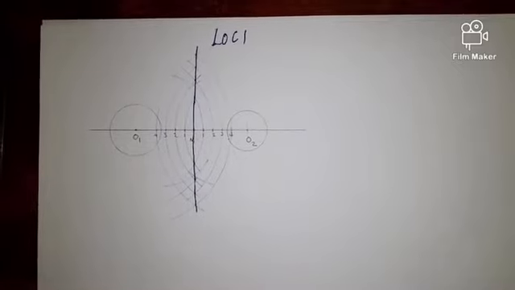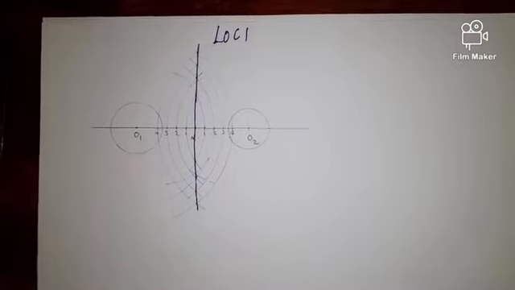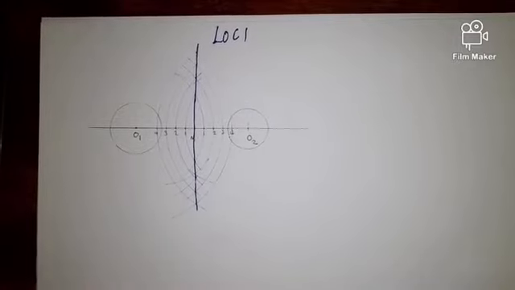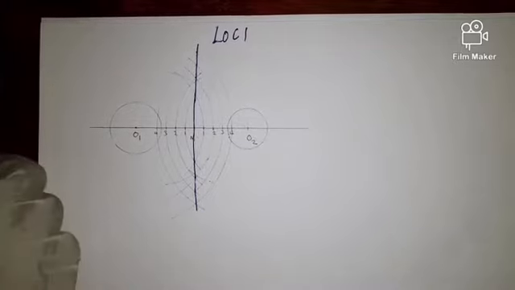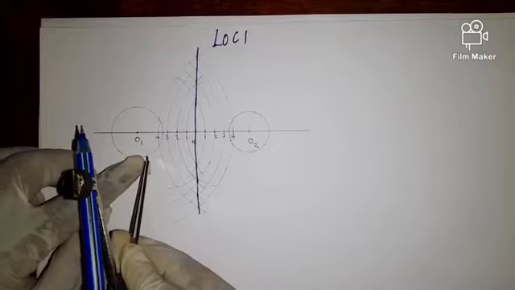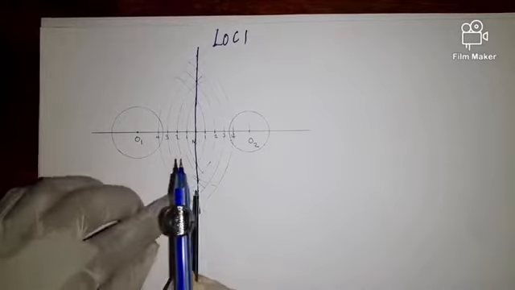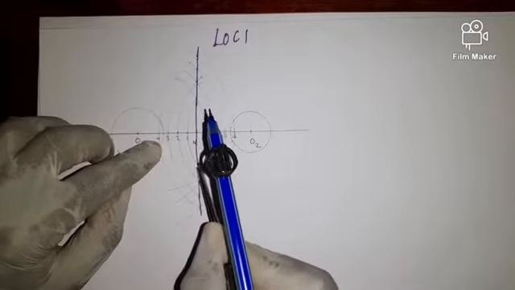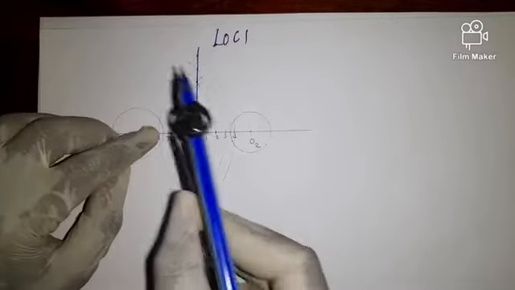The points have been joined, and that means that all points along that line are equidistant from the two circumferences. Like if we take from here, it will be equal to here to here. From here up to that point, it will be equal. All these points.